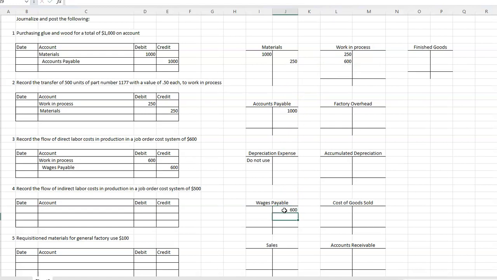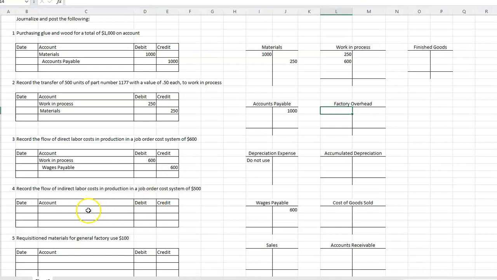The next one says to record the flow of indirect labor costs in production of $500. So if it's indirect labor costs, then we have to assign it to factory overhead first. Later on, we're going to take it out of factory overhead and put it to work in process, but everything indirect initially goes to factory overhead. So this is indirect labor.